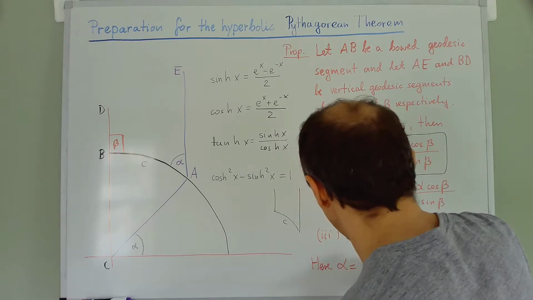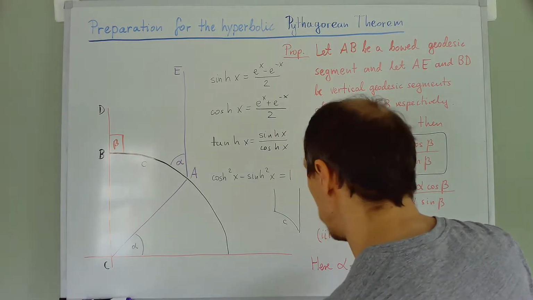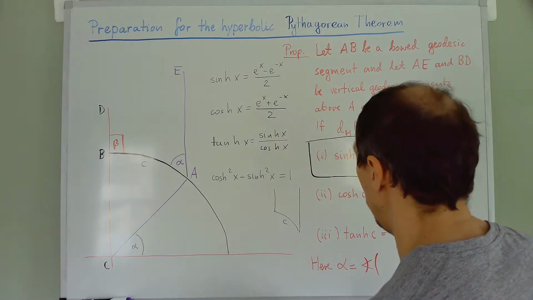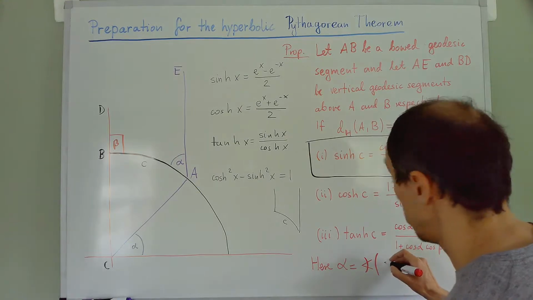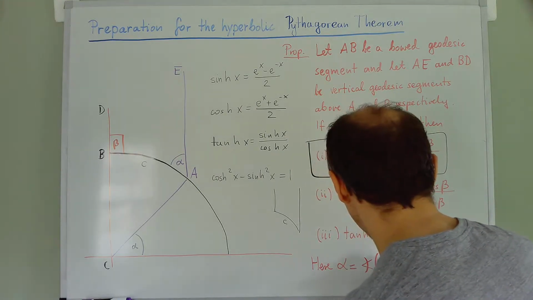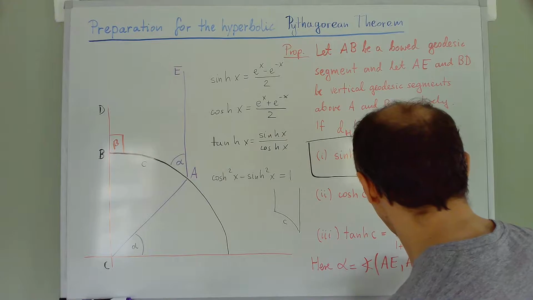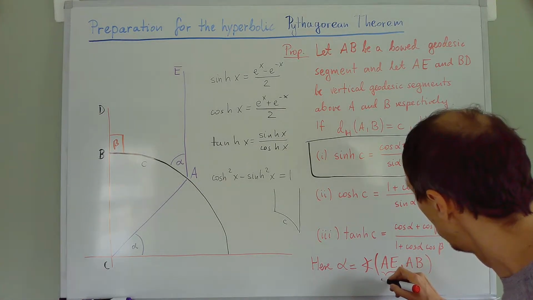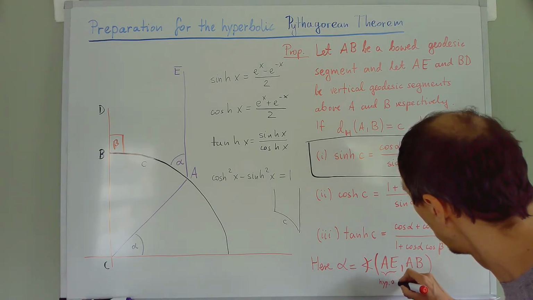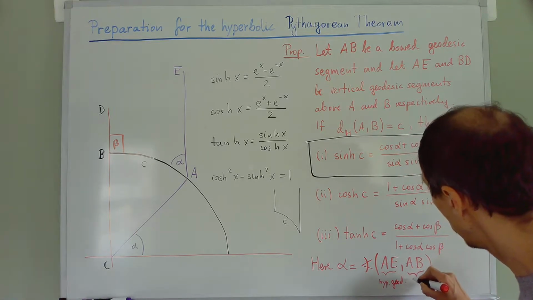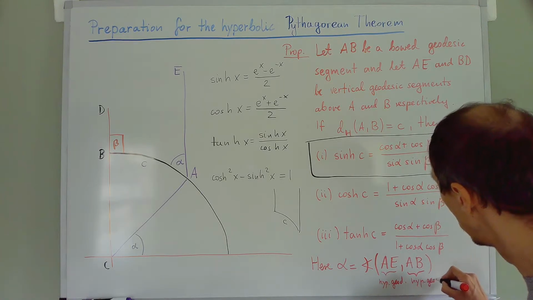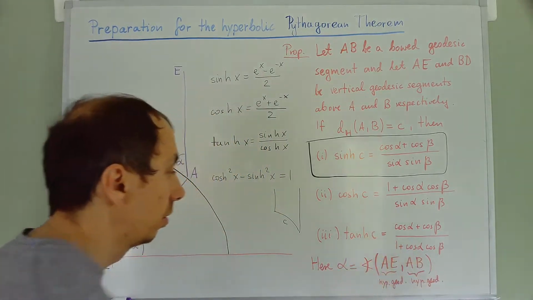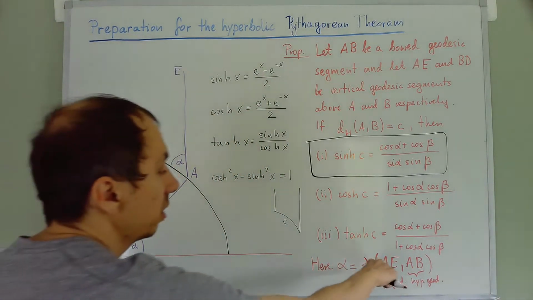the angle alpha is just the hyperbolic angle. So it's just the same as the Euclidean angle, but that's the angle between, I'm going to write it like this, AE and AB. So this is not a straight line segment. By this I mean the hyperbolic geodesic. And the same thing here, it's the hyperbolic geodesic, so it's an arc between A and E, and it's an arc between A and B. In fact, AE is just a straight line, right?